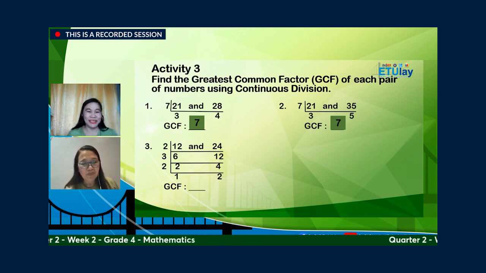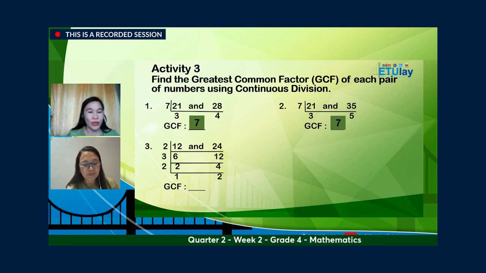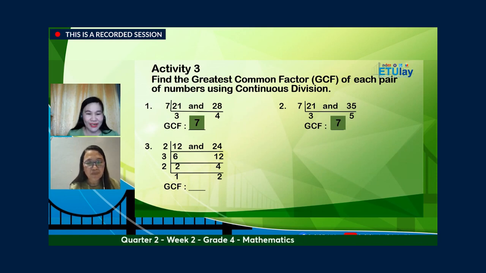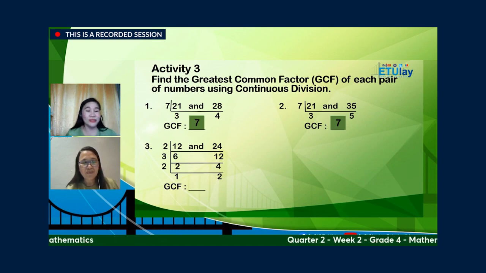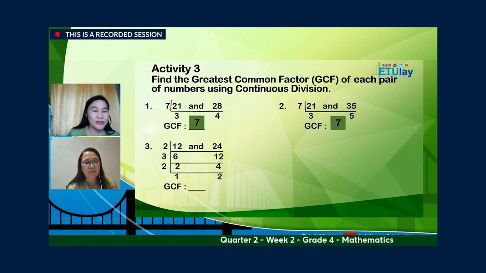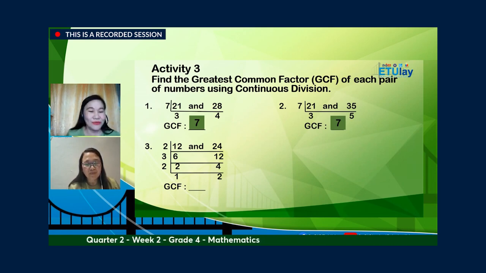Number 3. So number 3, we are looking for the prime factors or the greatest common factor of 12 and 24. Okay. So, look at the prime divisor. Kapag sa continuous division, just look at the prime divisor, then multiply it to get the greatest common factor.